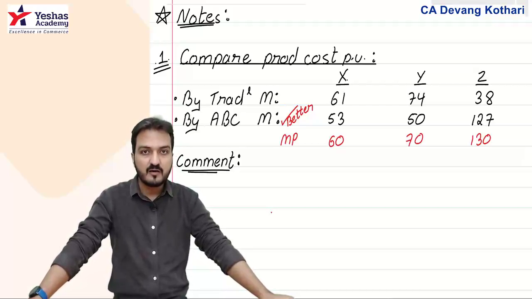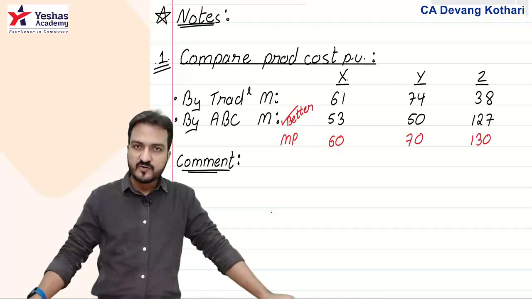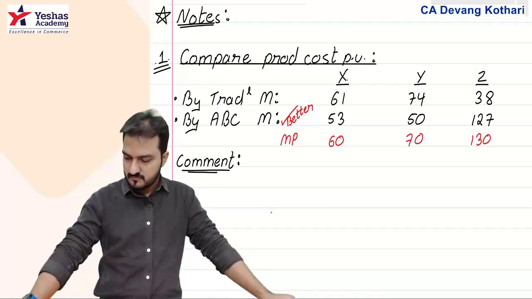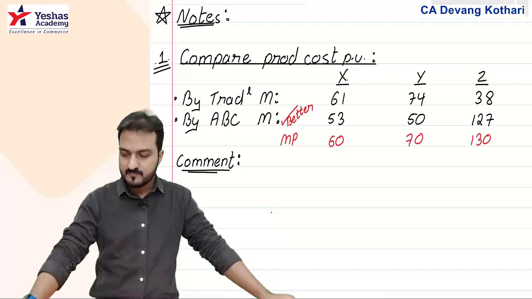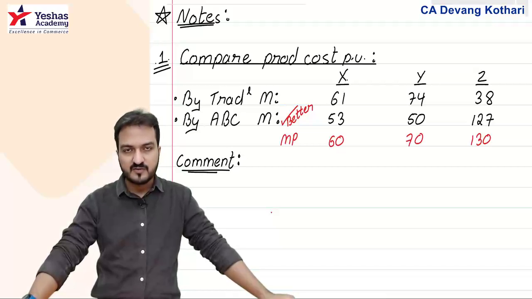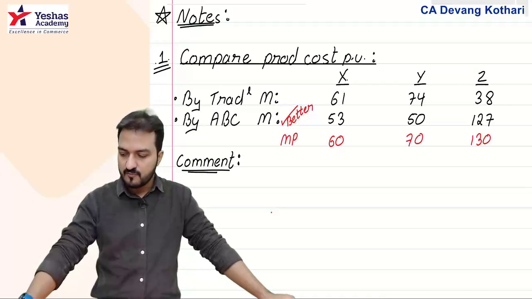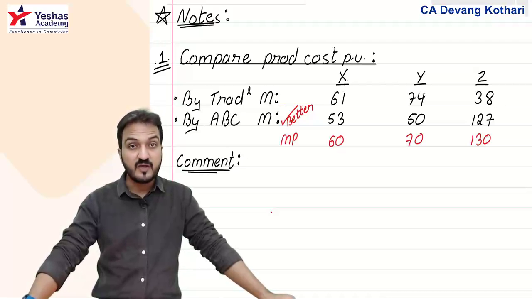So accordingly, company might set a lower selling price. Then it will not cover the entire real cost of making the product.